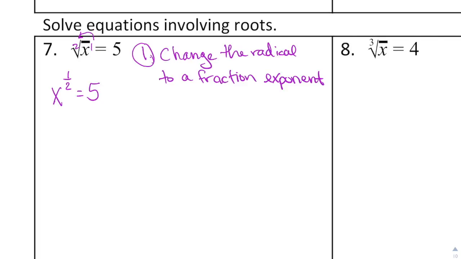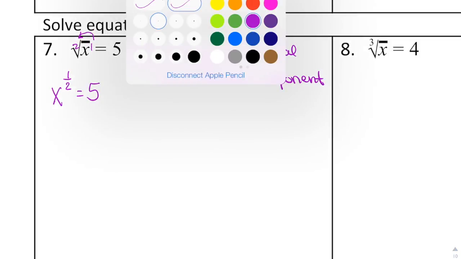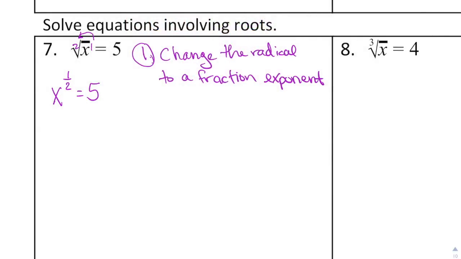Now the next thing we want to do is get x by itself, but it's got this fraction exponent. The way to undo fractions is with what is called a reciprocal, which is the fraction flipped. So number 2 is going to be flip the fraction on both sides of the equal sign, because whatever we do to one side, we have to do to the other.